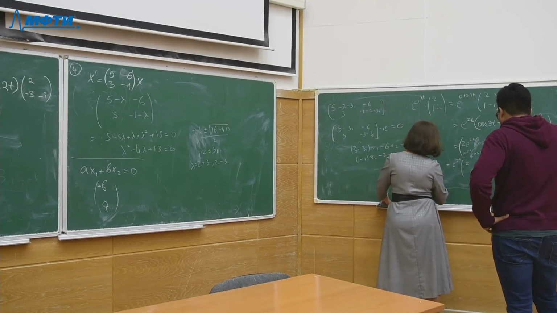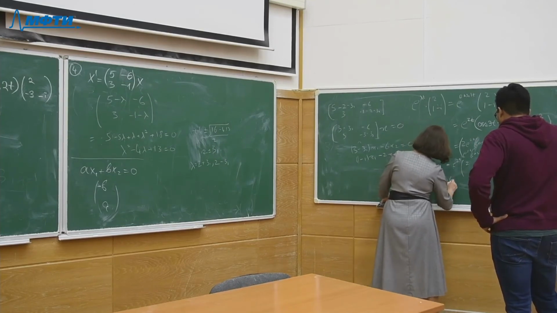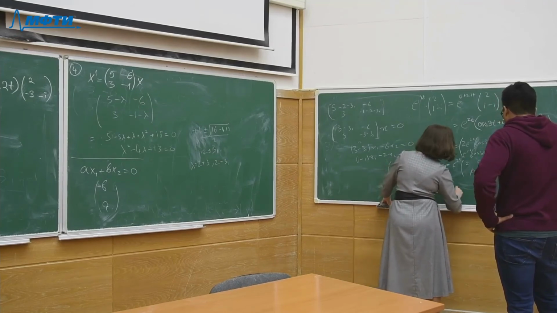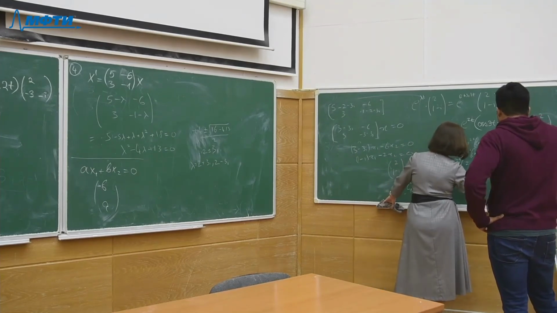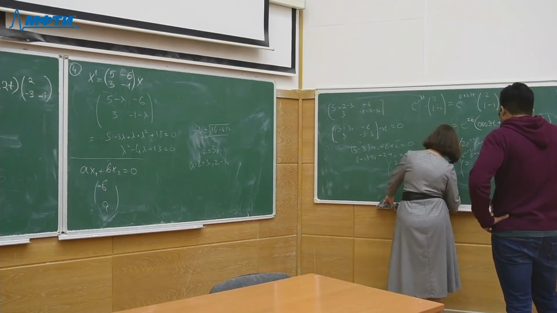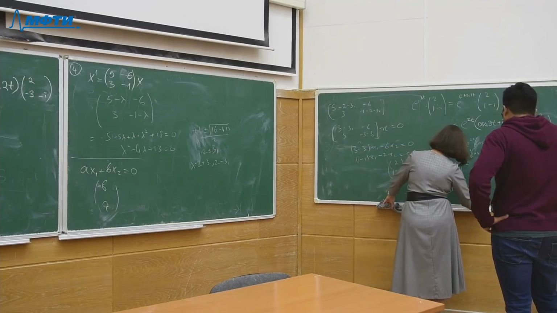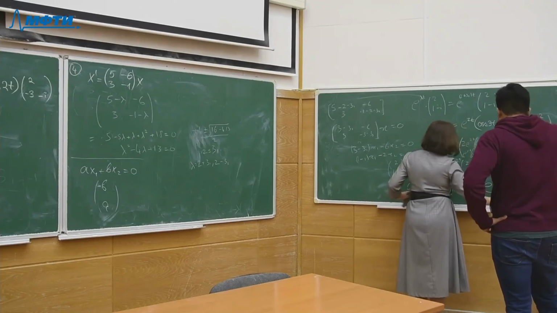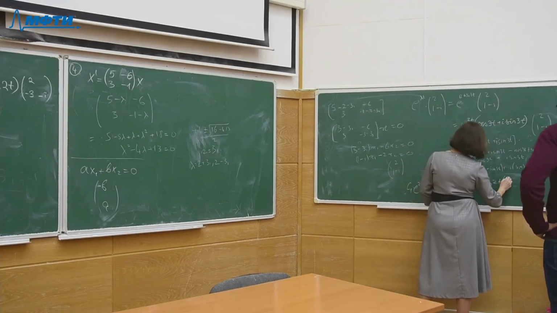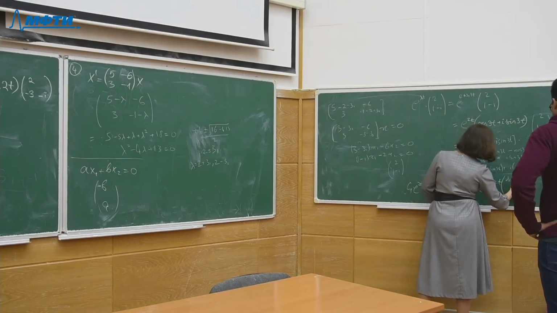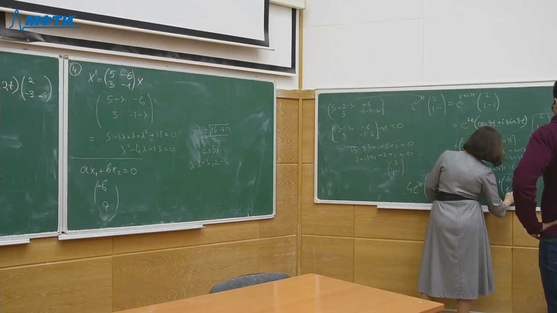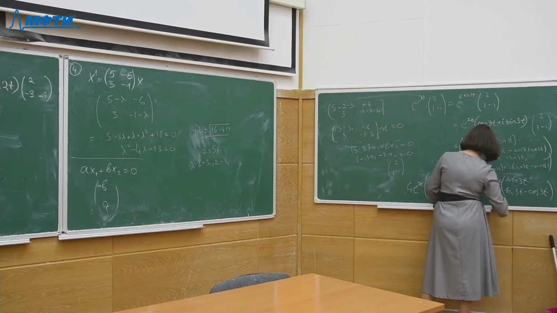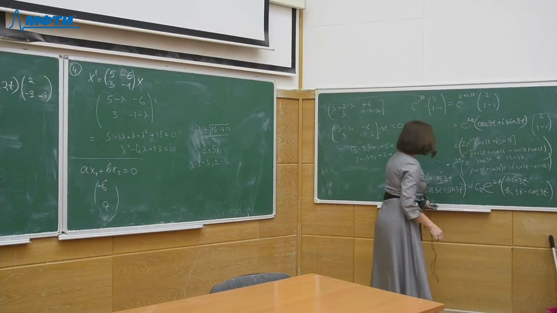It must be 2 cos 3t plus sine 3t, and then plus C2 e to the power 2t times the imaginary part, so it will be sine 3t and sine 3t minus cos 3t.